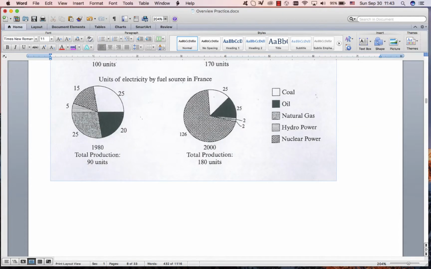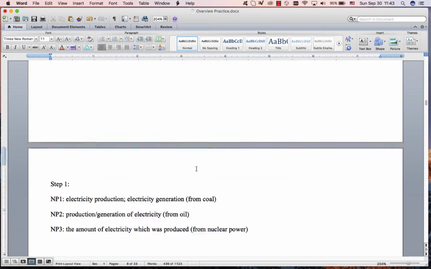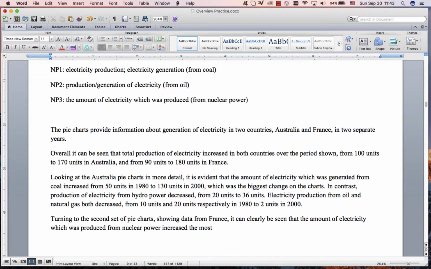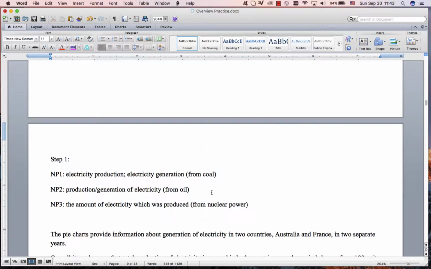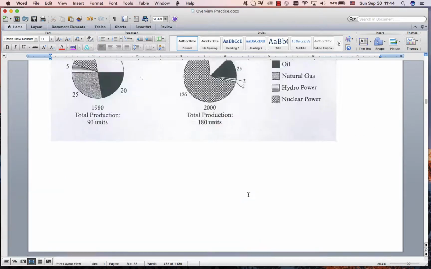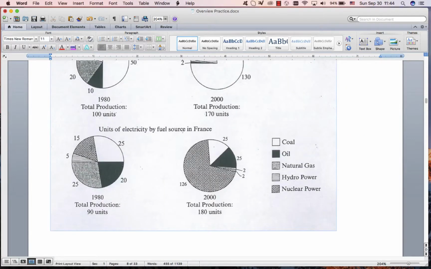Okay, so the obvious one is that this one went from 15 all the way up to 126 nuclear power. From increased, you can say increased significantly, or maybe we can add something here, increased the most. And we have a nice comparative. From, what was it? 15 units to 126 units. Great, what's next? Let's do this.